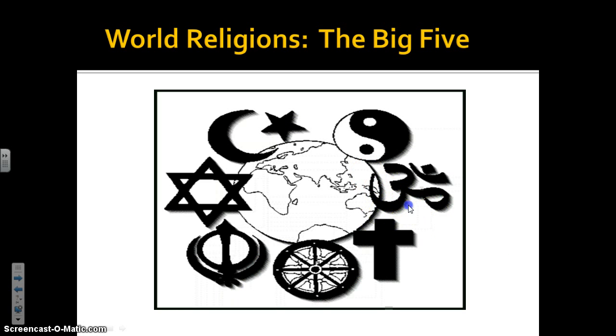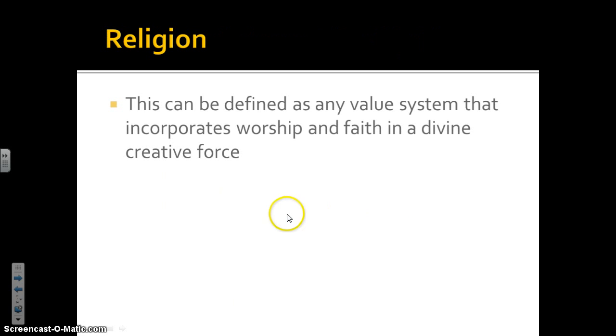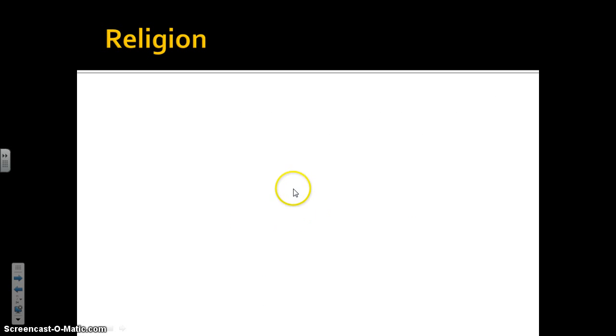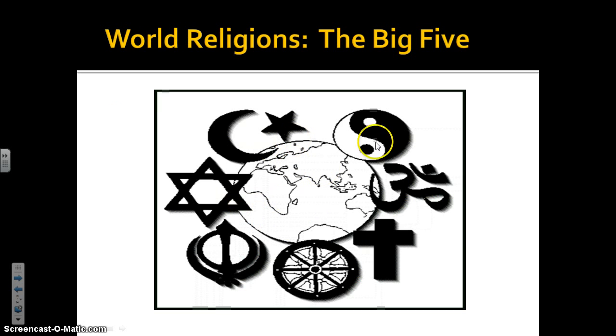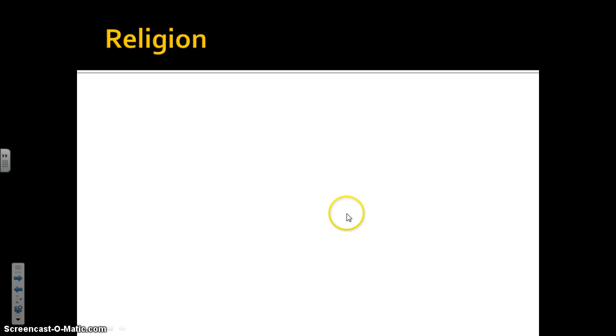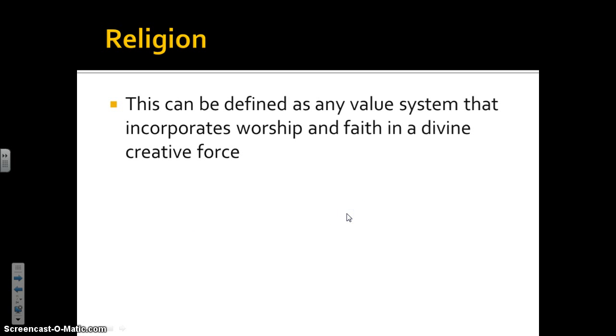We are going to be focusing on the big five, which are Christianity, Buddhism, Judaism, Islam, and Hinduism. Taoism and Sikhism are more regional, and we won't be focusing on them. Okay, so a religion is a value system that incorporates worship and faith in a divine creative force.